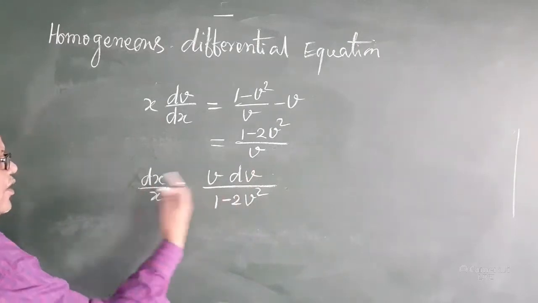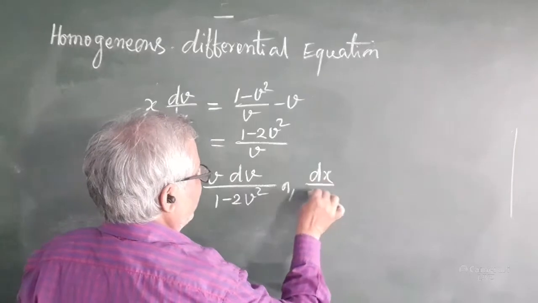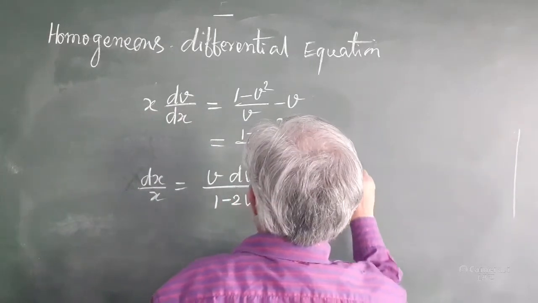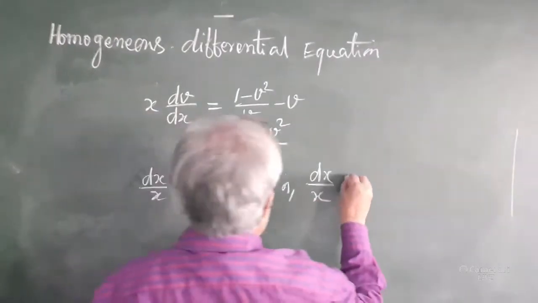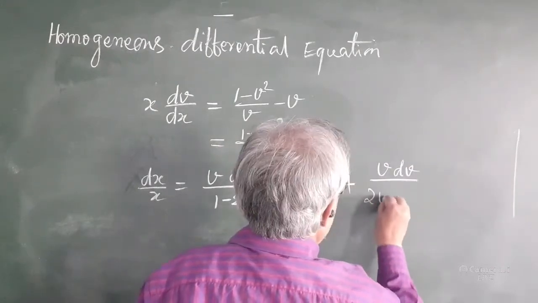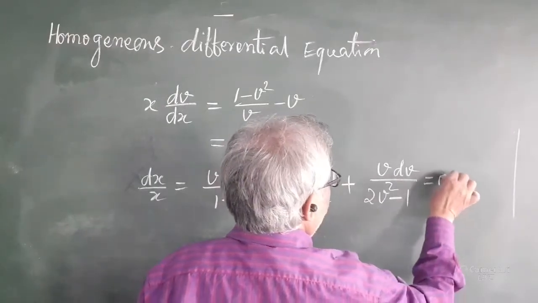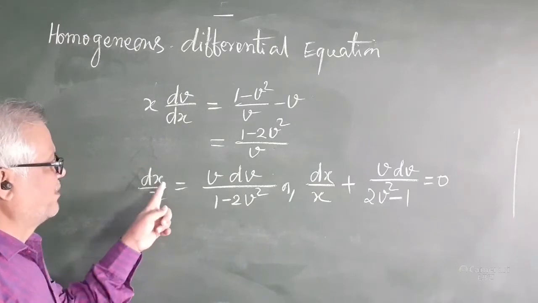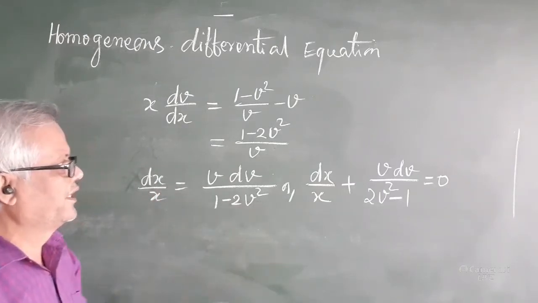Now I shall take them all on one side and then integrate. dx divided by x plus v dv divided by 2v square minus 1 is equal to 0. What is being done? It is transferred to the left hand side, so the minus sign will be there, and that minus is multiplied here in the denominator.